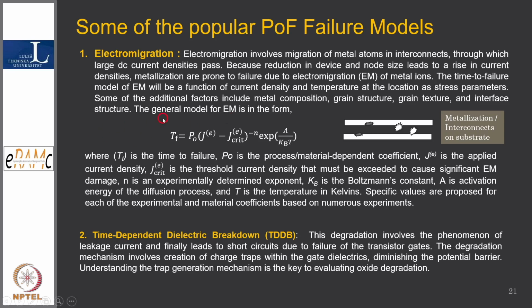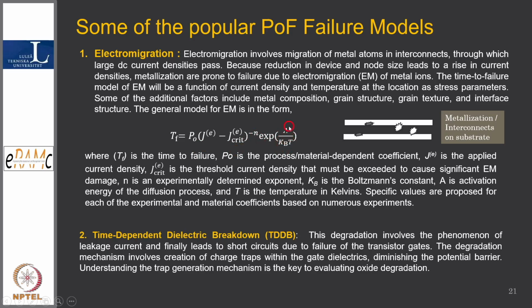So we have time to failure, P0. P0 is a process and material dependent coefficient. Okay, and then J is the current density in the metallization here, the actual and critical current density. Actual minus critical density will give us the exponent n, and Kb is the Boltzmann constant.